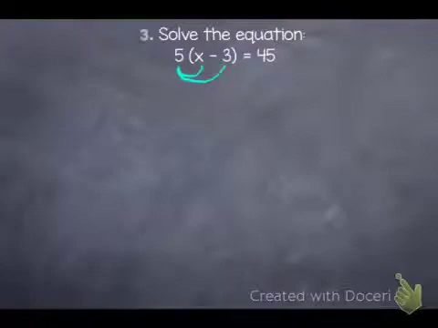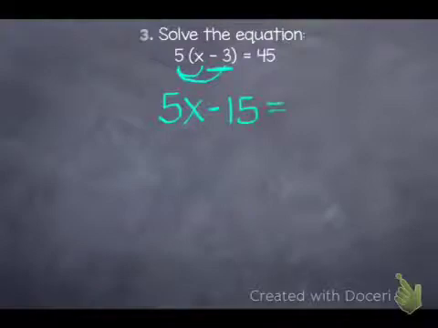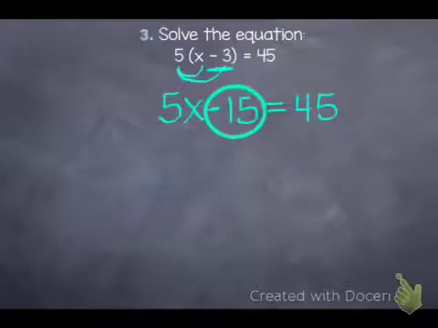And we do that by multiplying. So 5 times x is 5x. And then we also have to do the 5 times negative 3, which is a negative 15. So that equals 45. And now you can shape code. So I have a number term here and a number term here.